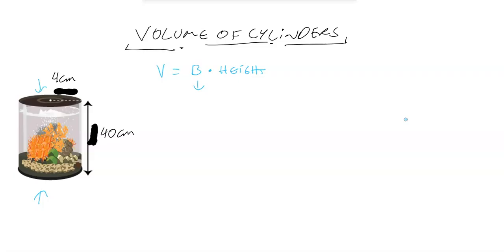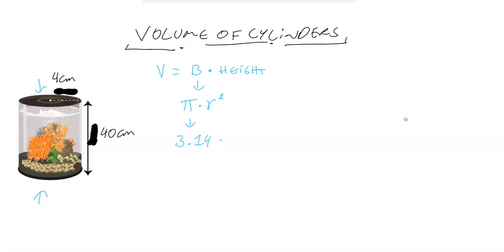So in a cylinder, the base is basically how big the area of this circle is, or any of the two circles is. And then to find that, I'm going to find the area of the circle. And to find the area of a circle, I need to use the formula, which is pi times radius squared. Pi will always be 3.14.